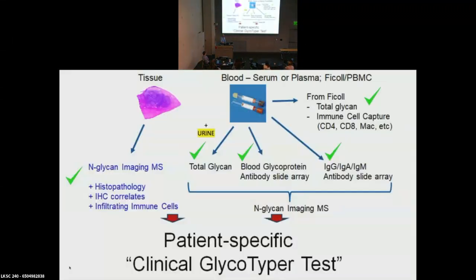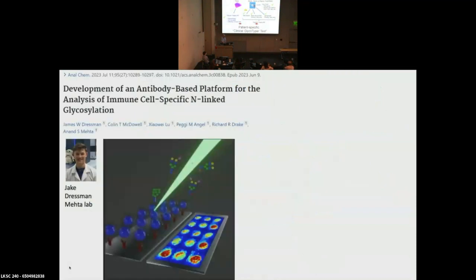And we've overall developed essentially, especially for a cancer patient, if they walk in the door, go through surgery, et cetera, treatment, any tissue that's obtained, any fluid that's obtained, we can get it into this platform now. We've cracked the immune cell glycome recently and the ability to capture them.